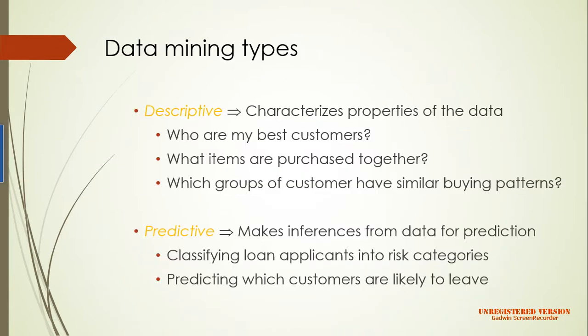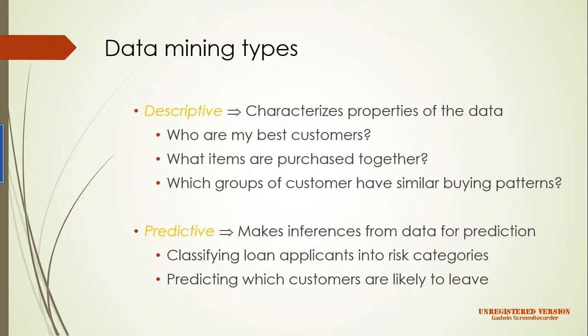What are data mining types? In general, there are two data mining types: descriptive data mining and predictive data mining. What is descriptive? In descriptive, there will be no dependent variable. What is a dependent variable? Some things depend on some other things. For example, your sales will depend on today's weather and today's prices.